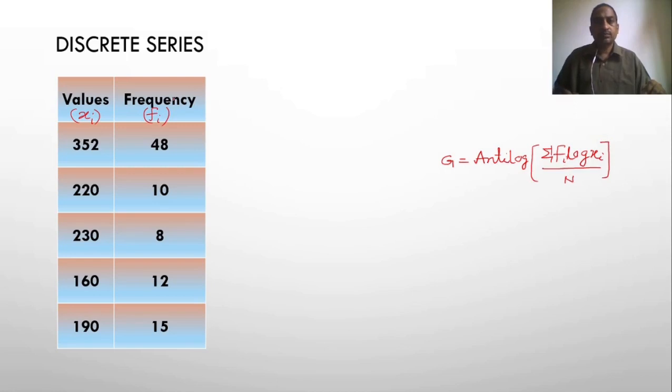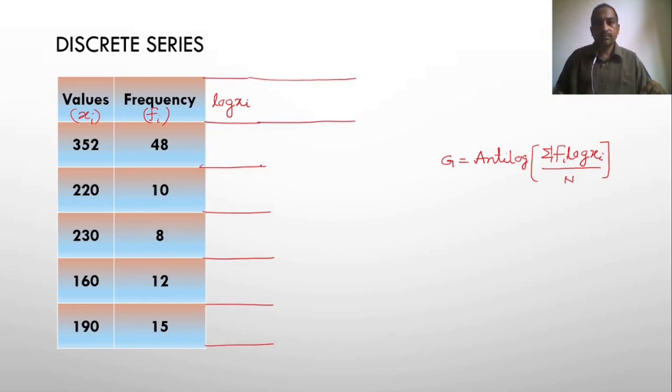For that, first you have to find out the log values of each xi, log xi. No need to memorize how to construct the table. Just remember the formula; it's enough to calculate the geometric mean for whatever the problem.